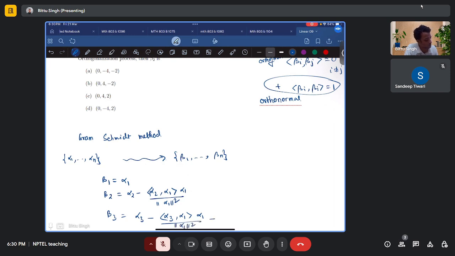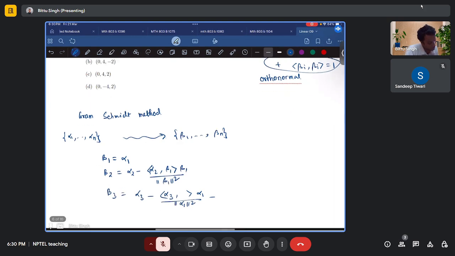Actually, let me put it as beta 1, it is easier to understand; beta 1 and alpha 1 are the same. And then we remove the projection of alpha 3 on beta 2. In this way, the process continues up to beta n.